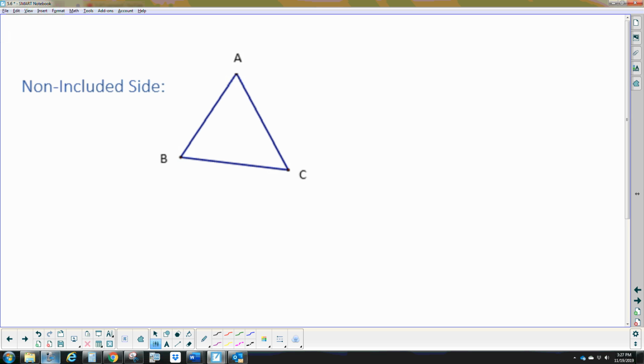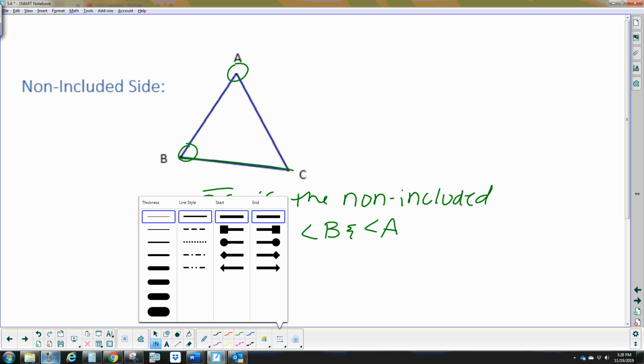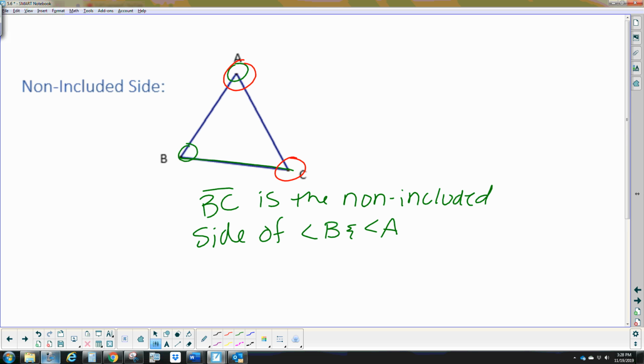Well, a non-included side, let's say BC, so BC would be the non-included side of angle B and angle A. BC would also be the non-included side of angle C and angle A. Okay, so because the only angles it is included for are B and C. Okay, so B and C as a pair are the two angles for which BC would be an included side.